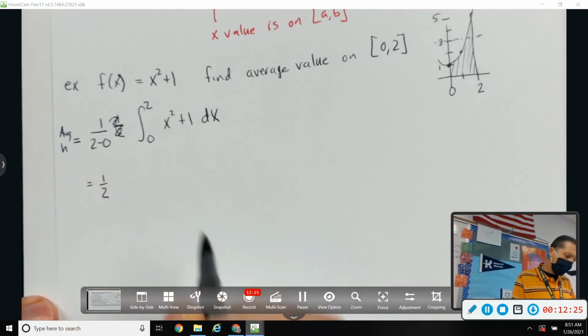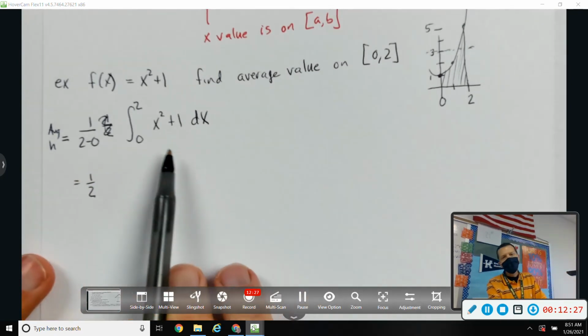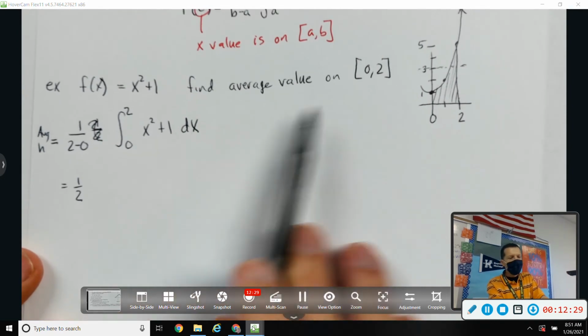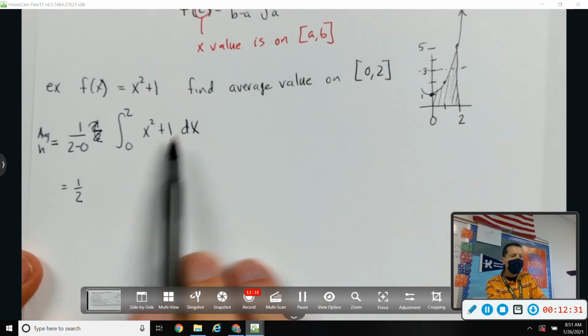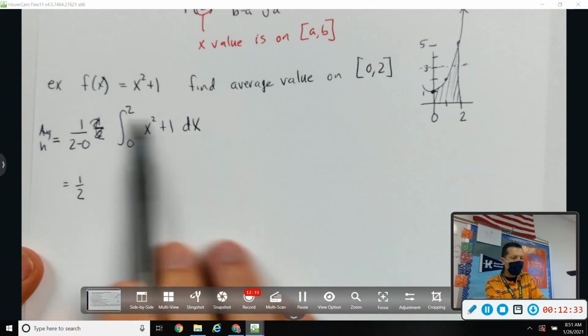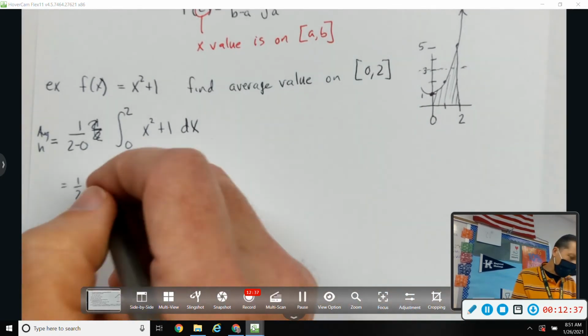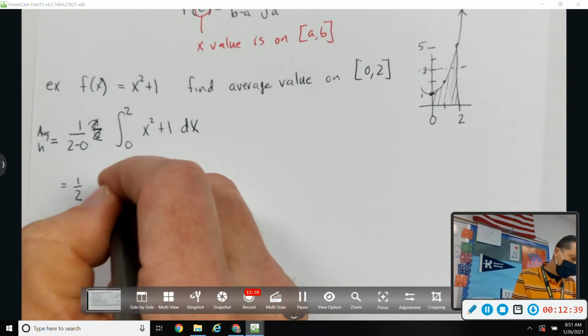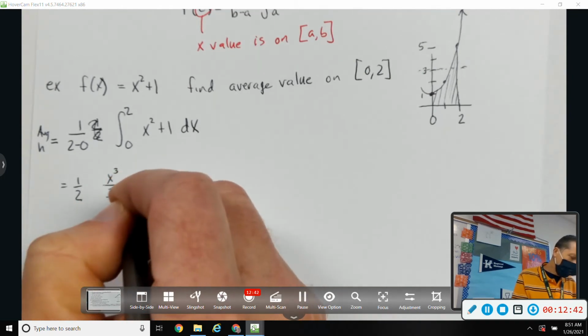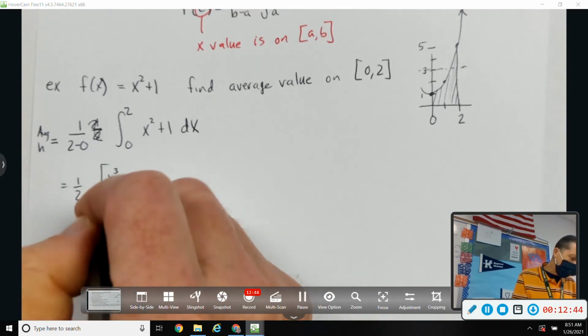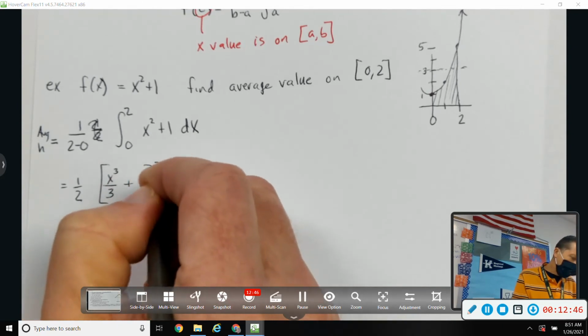One half, and then the integral. Well, this is one where I'm going to have to do the antiderivative. If I knew the area of this thing, I wouldn't have to be doing what I'm doing. I want to know the area, so I'm going to use the antiderivative, x cubed over 3 plus x, from 0 to 2.